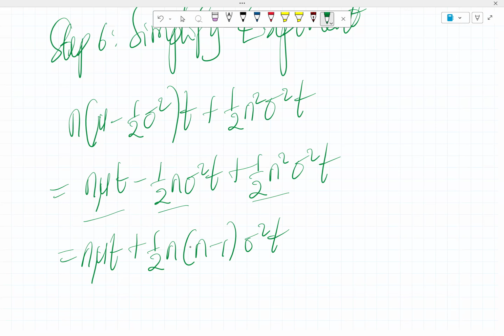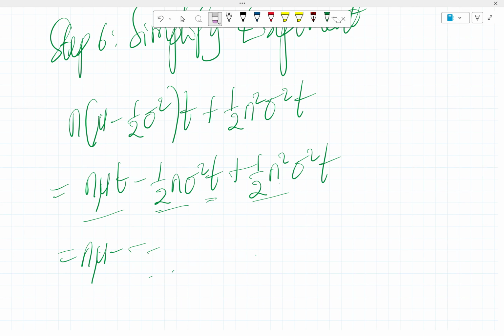So if you take it out, it means that we have half n sigma squared t, but we have n remaining here, then minus. So half n sigma squared t takes care of this.